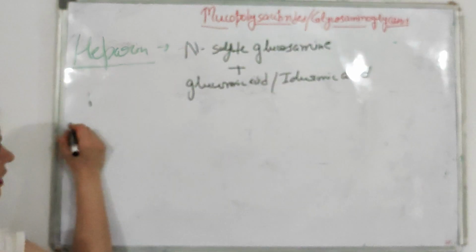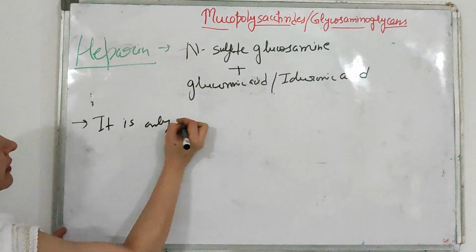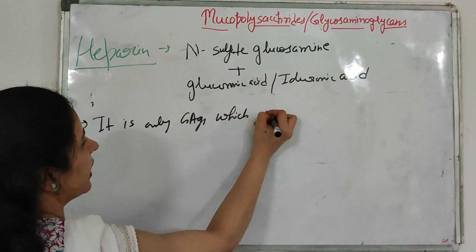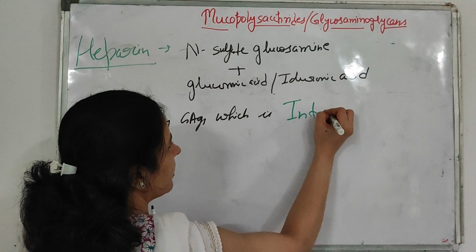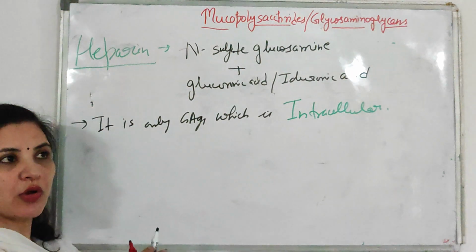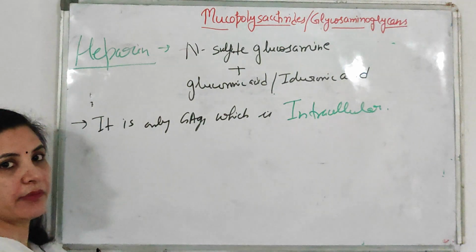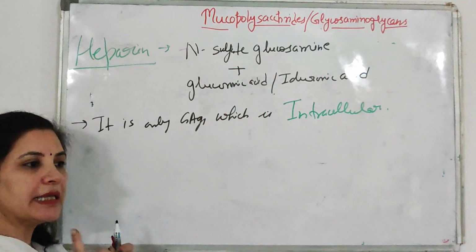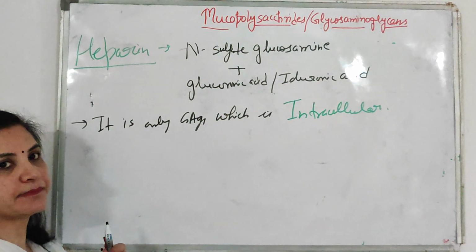Okay. So what is the important point in heparin? It is the only GAG which is intracellular. Remember, all other glycosaminoglycans are present extracellularly, because the main function of glycosaminoglycans is that they combine with protein and form proteoglycans.